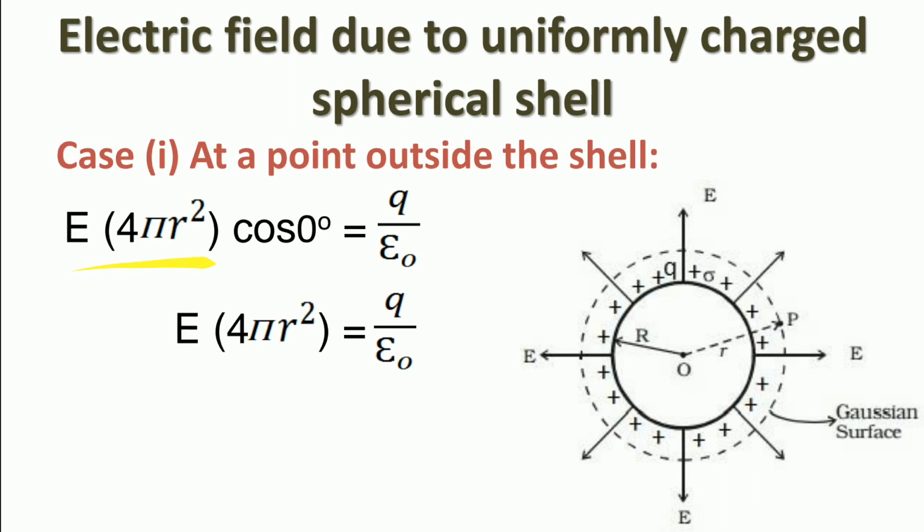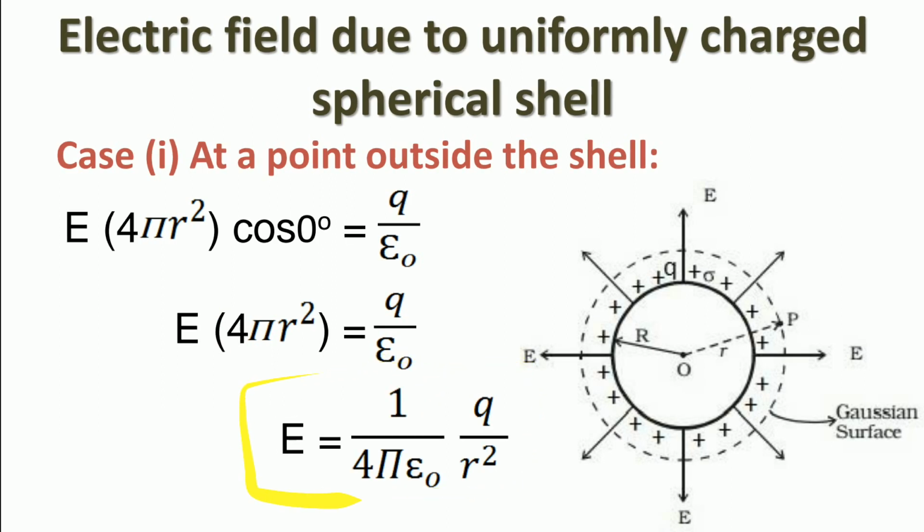This becomes E into 4 pi r square is equal to q upon epsilon naught. Take this 4 pi r square to this side. What we get? E is equal to 1 upon 4 pi epsilon naught, q upon r square. So this is the electric field due to a uniformly charged spherical shell at a point outside the shell, which is P.